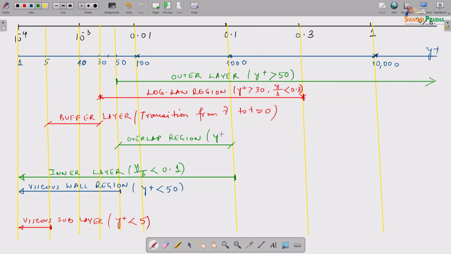So y plus is greater than 50 and y by delta is less than 0.1.